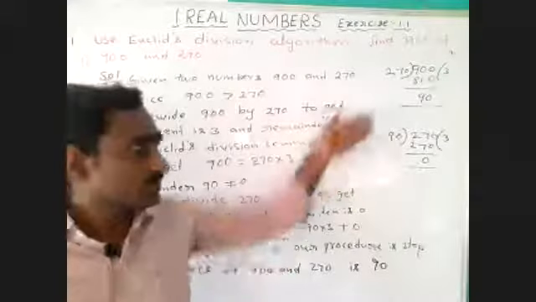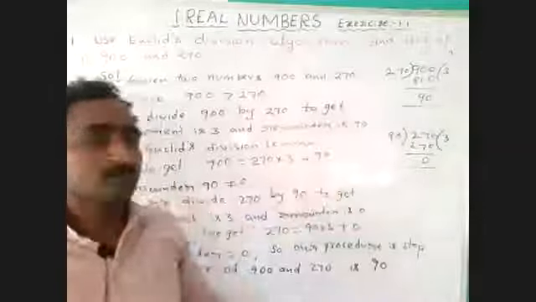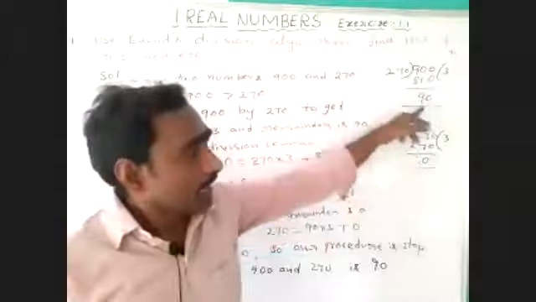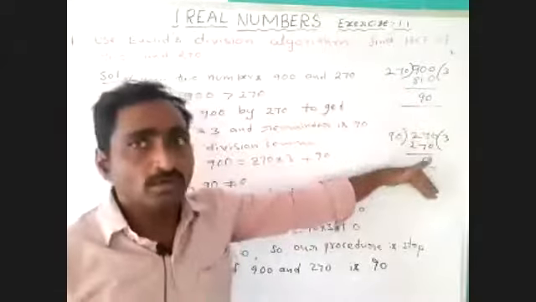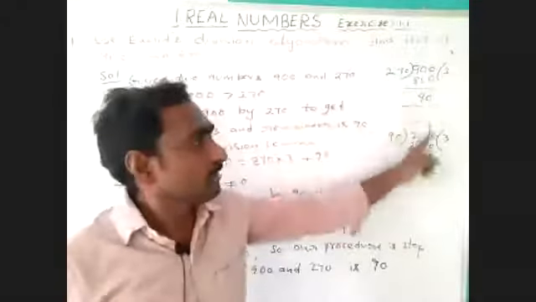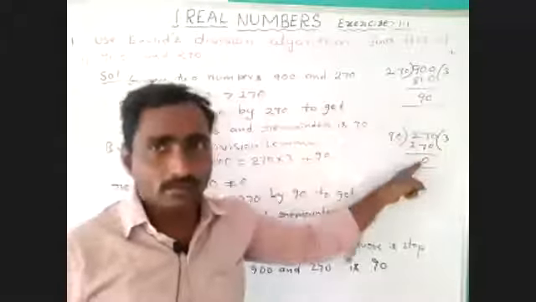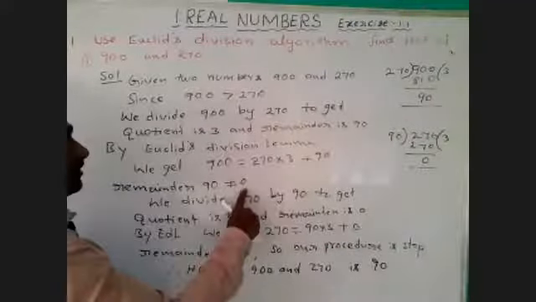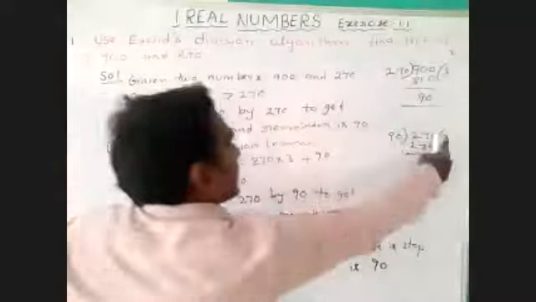This process continues. We divide divisor by remainder. What is the divisor? 270 by remainder 90. The remainder 90 is not equal to 0. So we divide 270 by 90 to get 3 as the quotient and remainder 0.